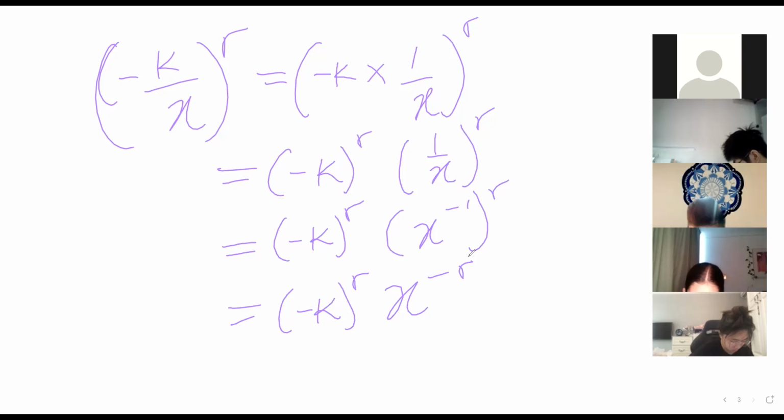Okay, Sir Alex. Good job, sir. Thanks. Wonderful, wonderful. So you could put in the last line, since x is greater than 0, since k is greater than 0.